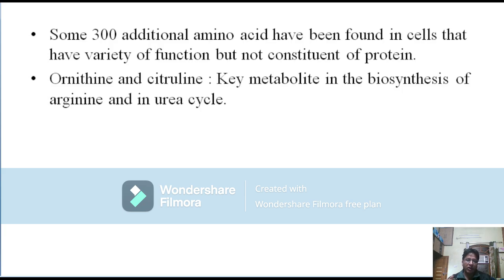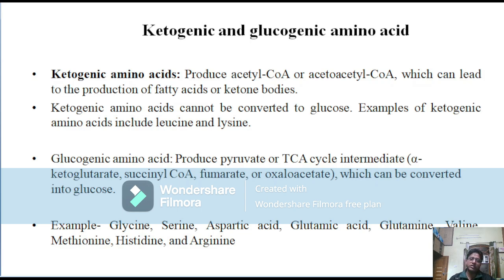Now amino acids can also be classified based on their metabolic fate. The 20 amino acids we have discussed can be classified as ketogenic amino acids or glucogenic amino acids. What is a ketogenic amino acid?